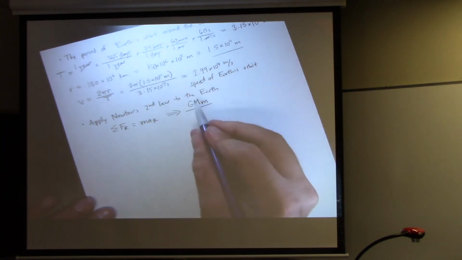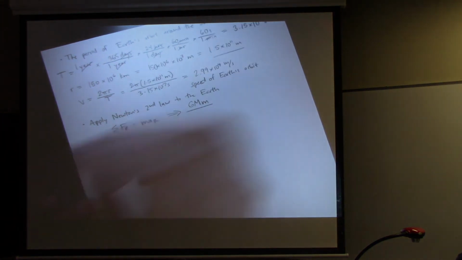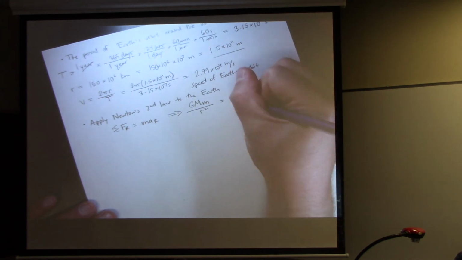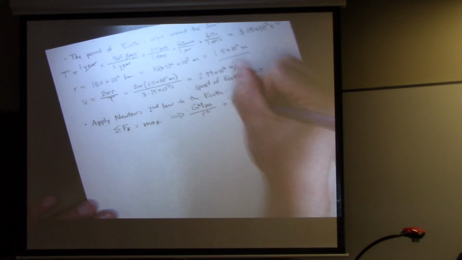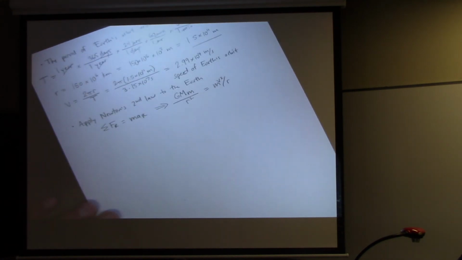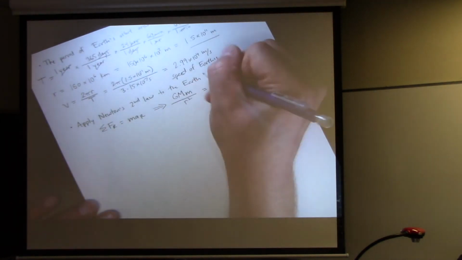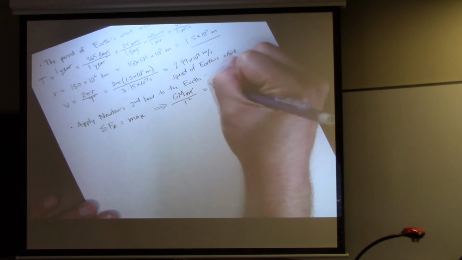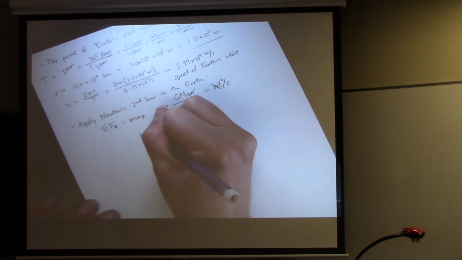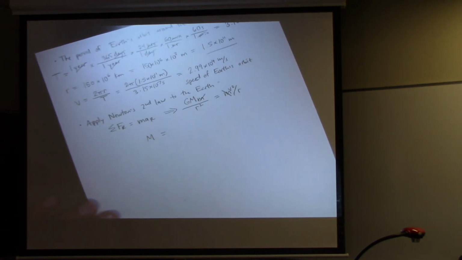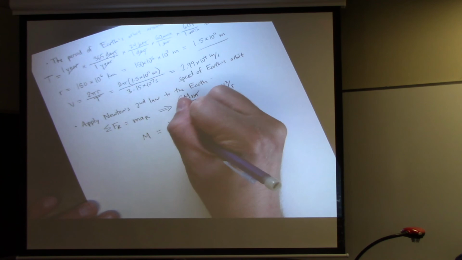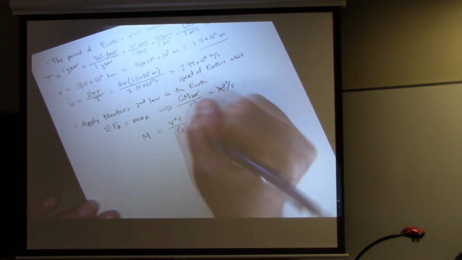Again, we just need the product of the two masses upstairs, divided by r squared, equals m. Our acceleration is v squared divided by r. Now, the whole point of this is we can cancel out little m, which is the mass of the Earth, and then we can solve for big M, which is the mass of the Sun, and just like before, that's going to end up being v squared times r divided by big G.